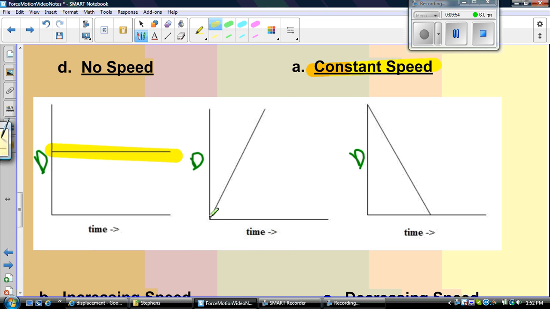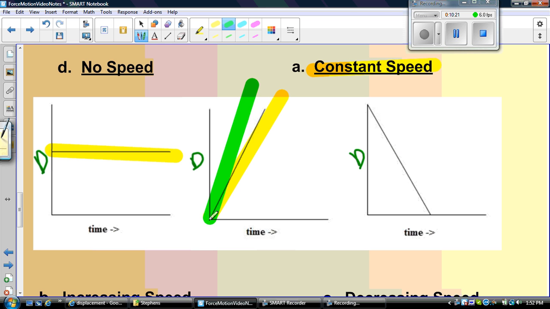So when you look at a graph, constant speed is represented by a straight line. The steepness of the slope determines how fast that constant speed is. So, for example, if I have a constant speed that looks like this, the green is a faster constant speed than the yellow because it's a steeper line. Now, you're probably looking at this next one, so what's this mean?